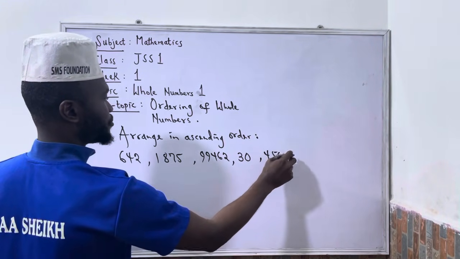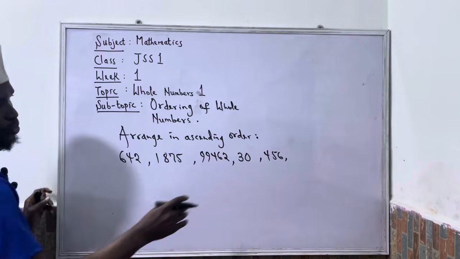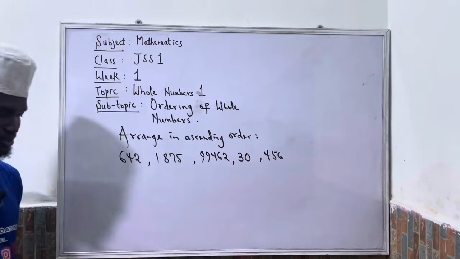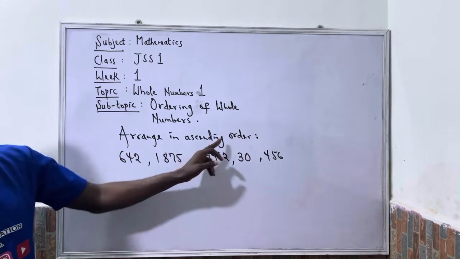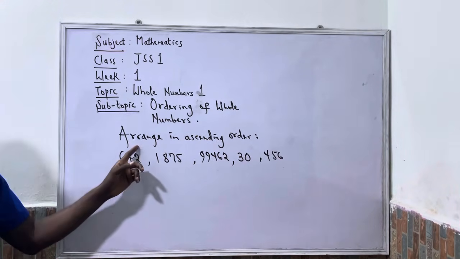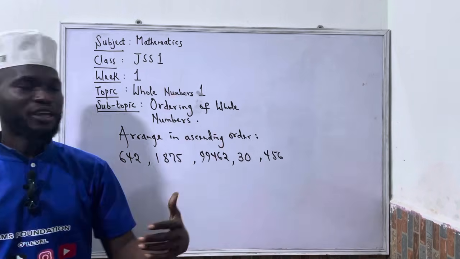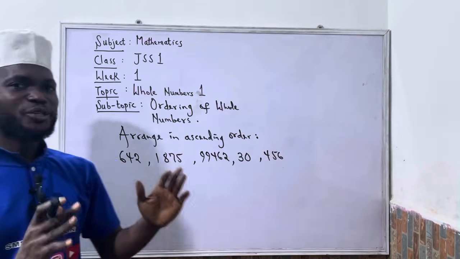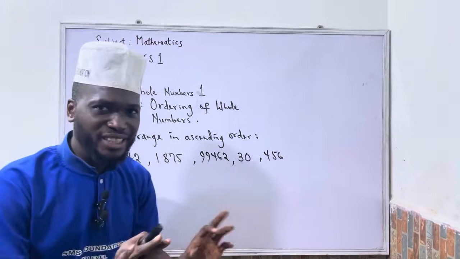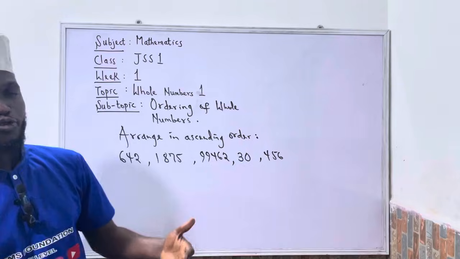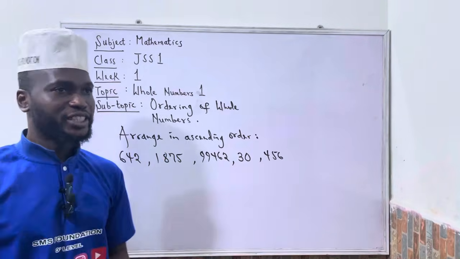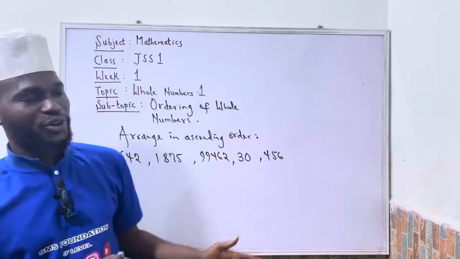So let us see this question. The question says we should arrange in ascending order, that is, from the smallest to the biggest. Of course, the number that has the lowest number of digits will be the smallest. And if you have two of that kind of number, then you will have to consider some other factor.